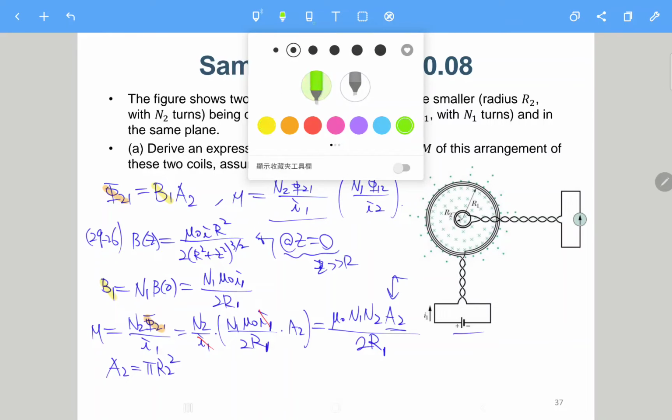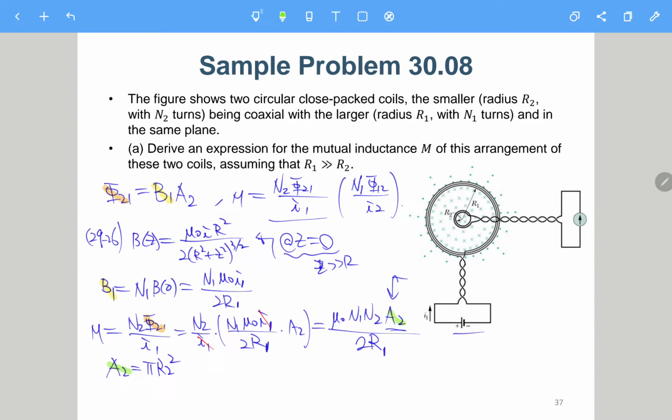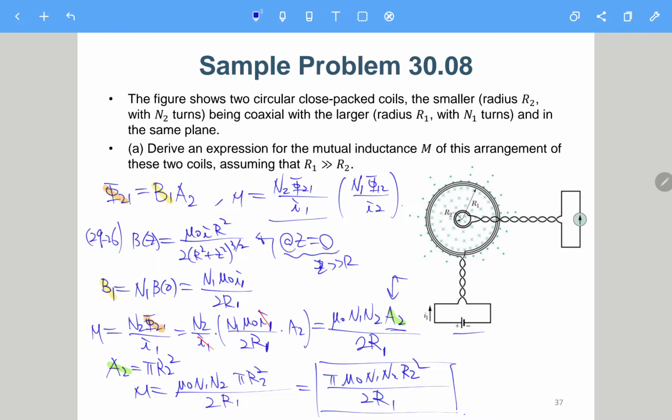Finally we get M equals mu 0 N1 N2 pi R2 squared over 2R1, which is pi mu 0 N1 N2 R2 squared over 2R1. So this is the answer to this question.